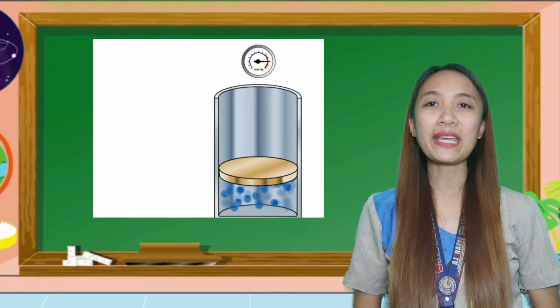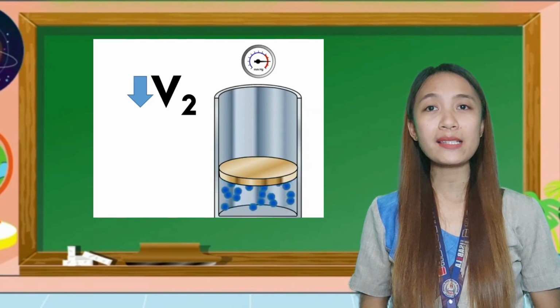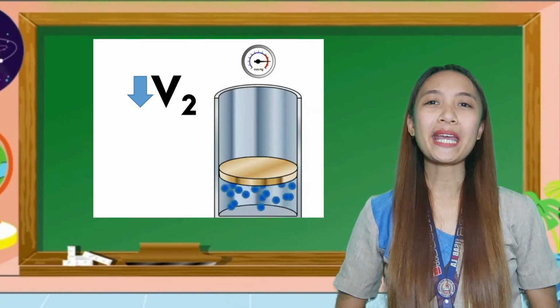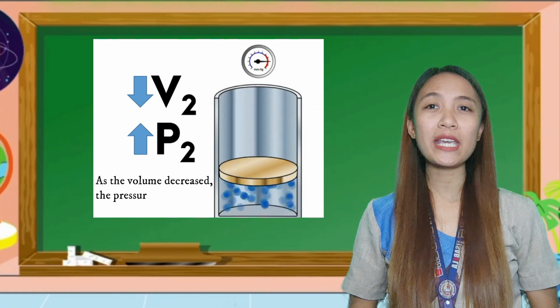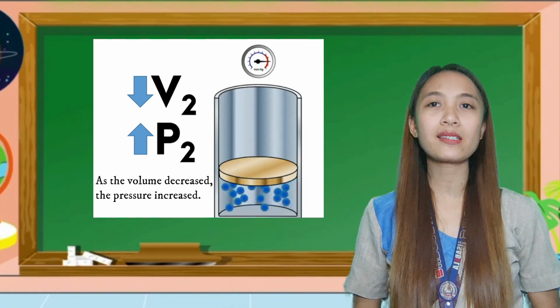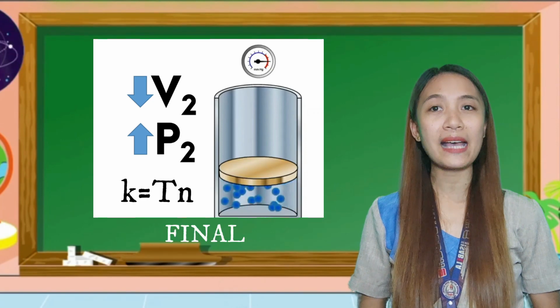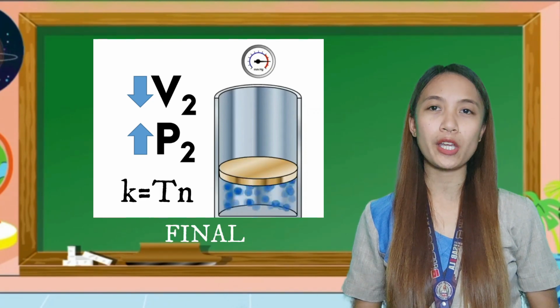With this, we can say that as the volume decreased, what happened to the pressure? Correct! We can observe that the pressure gauge indicates a doubled value as the volume is reduced. We can now consider this change as the final observation. This observation from the initial to the final can be expressed using the following formula.